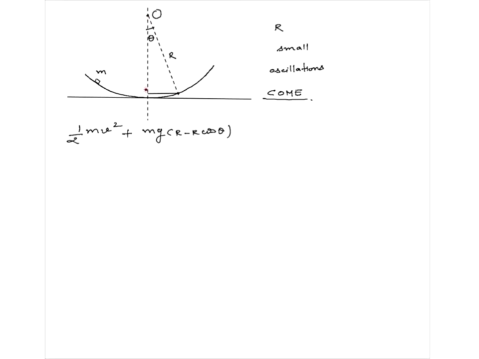So in this triangle, if this is r, this is theta. So from here to here, that will be r cos theta. So this tiny fellow would be total r minus r cos theta. Then that's it. This is constant.